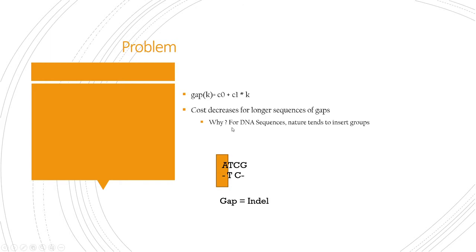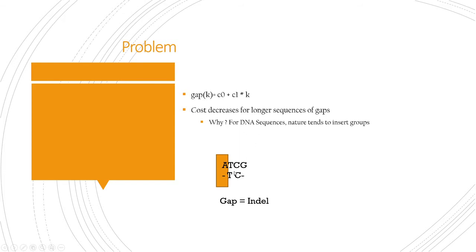But why is this problem important? Because the book describes this as: for DNA sequences, nature tends to insert groups of these characters inside gene sequences, and so you would get a much lower score for two DNA sequences if you don't account for this.